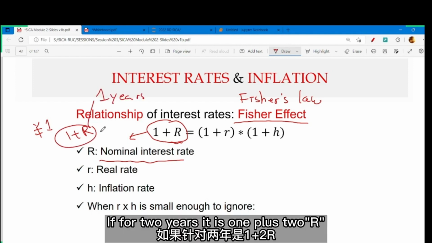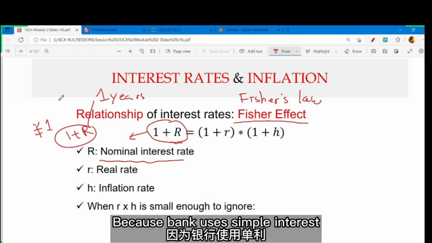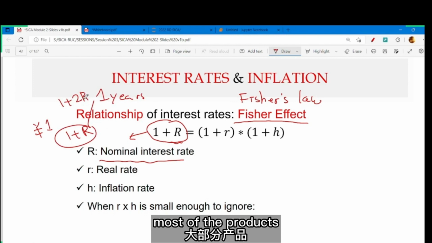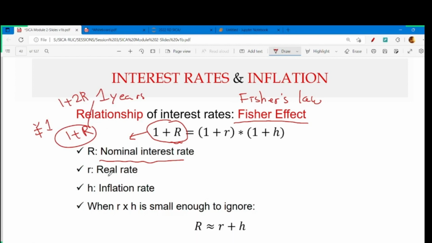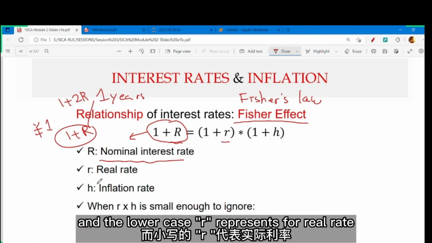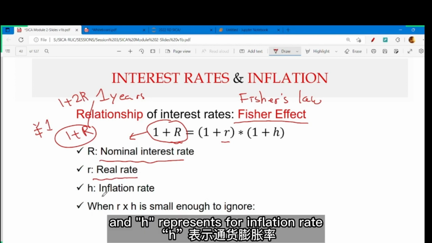If for 2 years, it is 1 plus 2R, because banks use simple interest, for most of the products. And the lowercase r represents the real rate, and H represents the inflation rate.